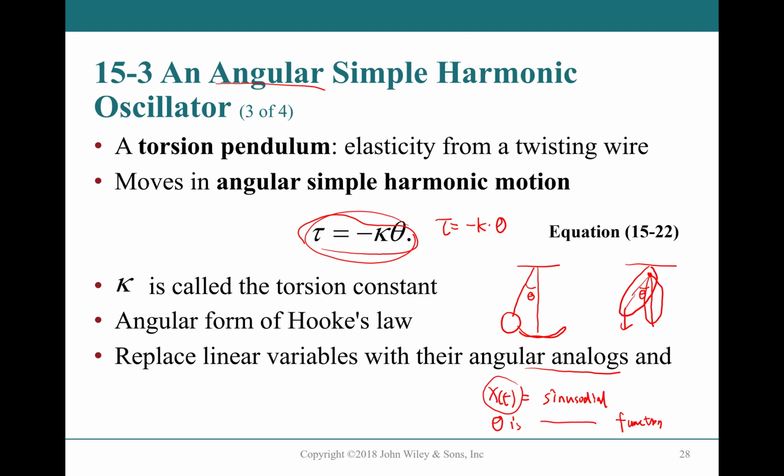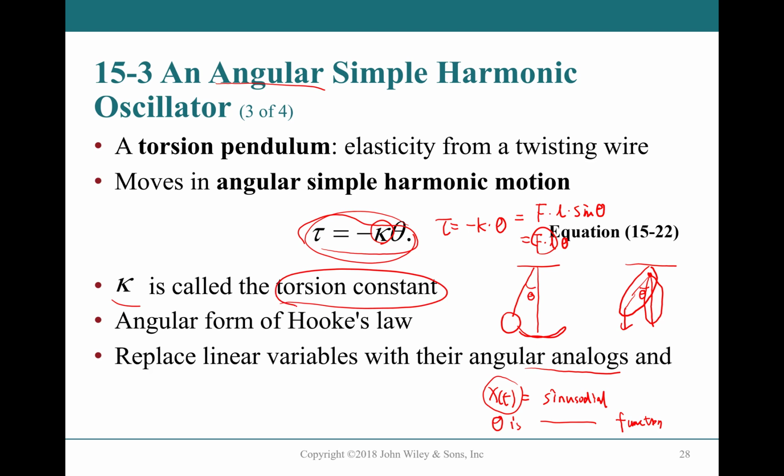Usually our torque equals F times L times sine theta, but for small angles sine theta and theta are the same, so you can write it as FL theta. And this FL is our chi here. Chi is what we call the torsion constant.